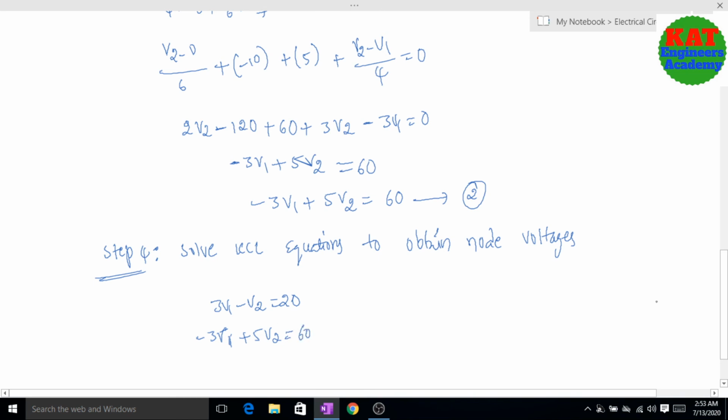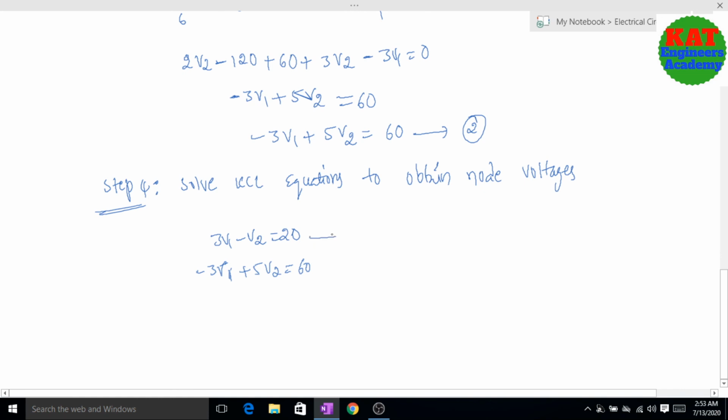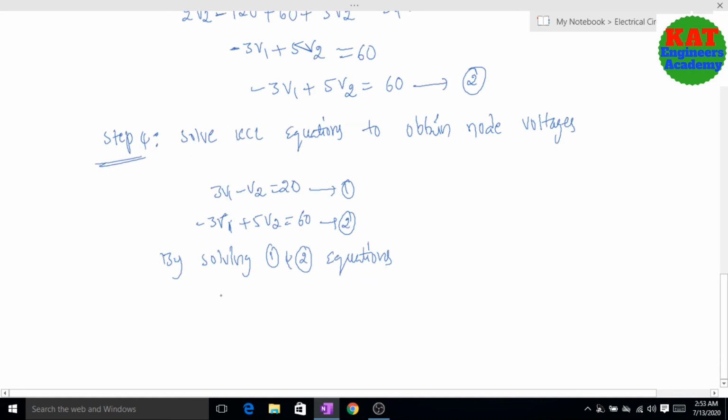Now by solving these two equations, first and second equations, using a calculator we can solve the problem. By solving the KCL equations we get V1 as 13.33 volts and V2 as 20 volts.